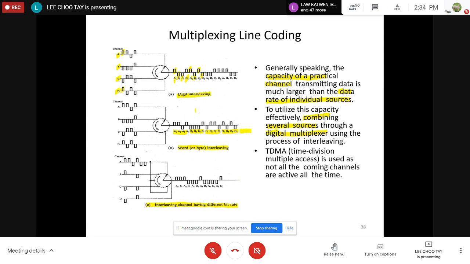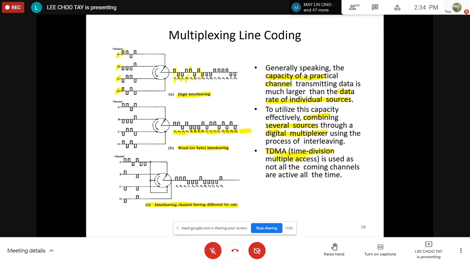Okay, so digit interleaving and word or byte interleaving work well if all the information sources have the same bit rate. But if the sources of information have different bit rates, then we can use the following method. This is called TDMA, time division multiple access.